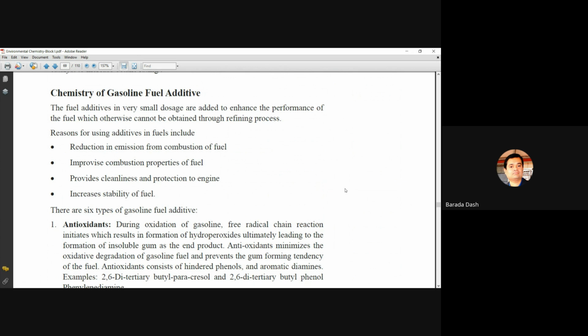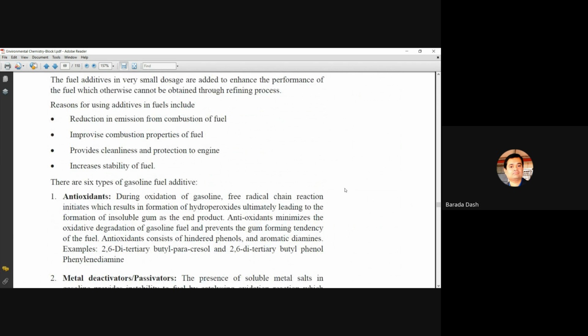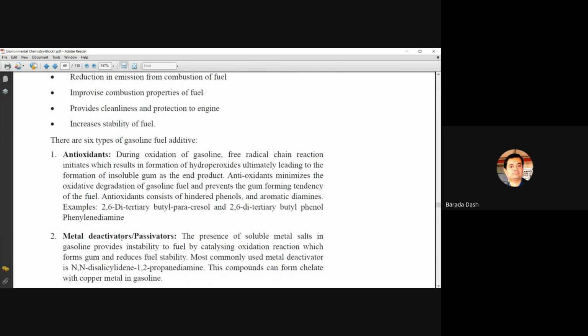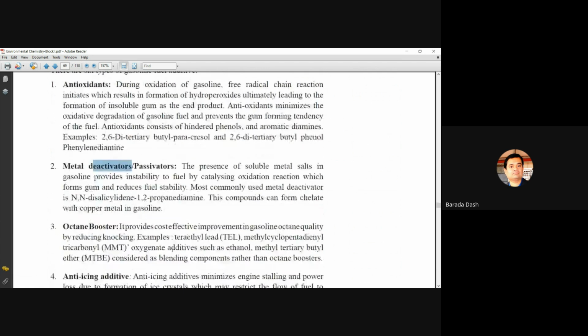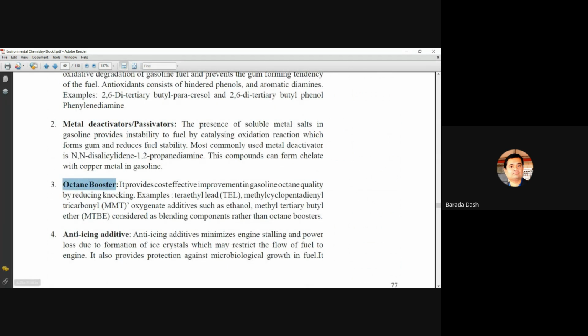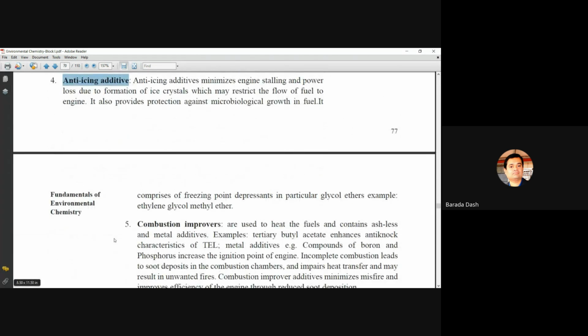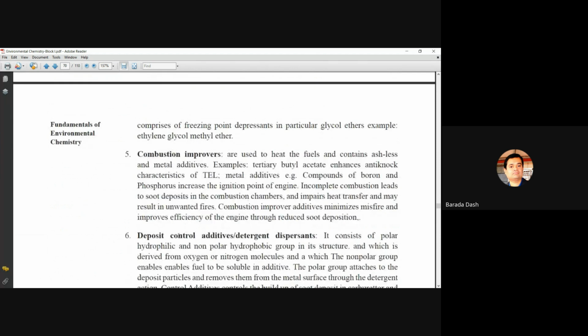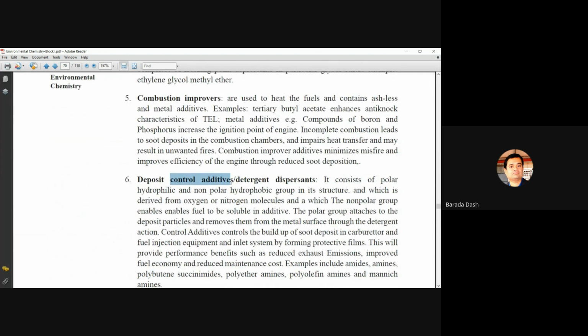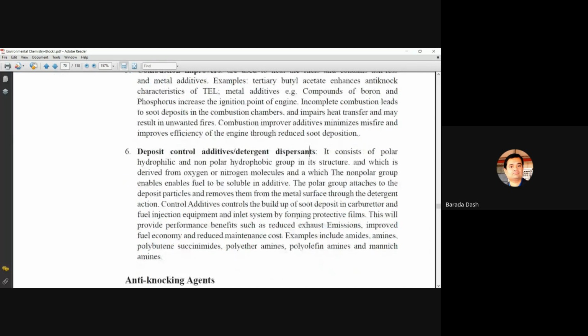Basically, there are types of gasoline fuel additives: antioxidants, metal deactivators, octane boosters, anti-icing additives, combustion improvers, deposit control additives, detergent dispersants.